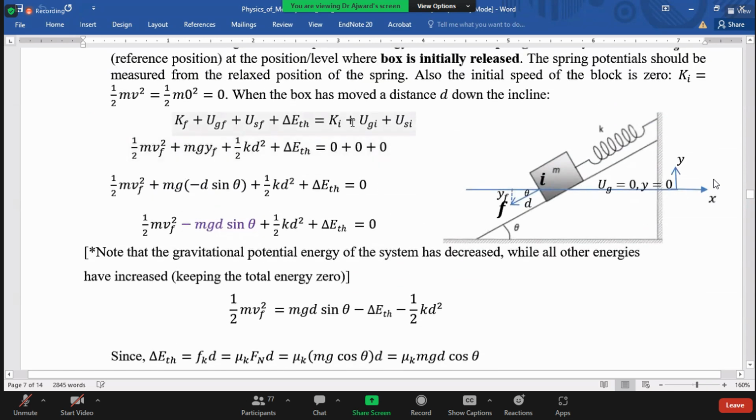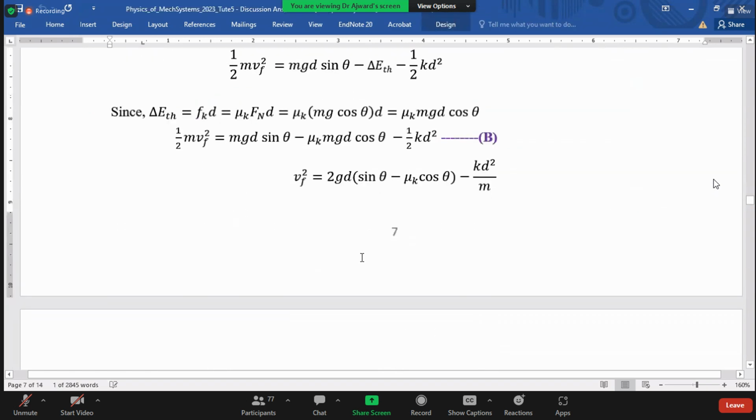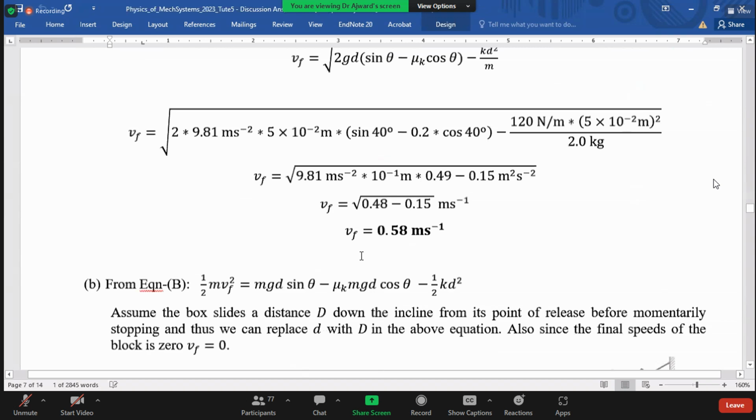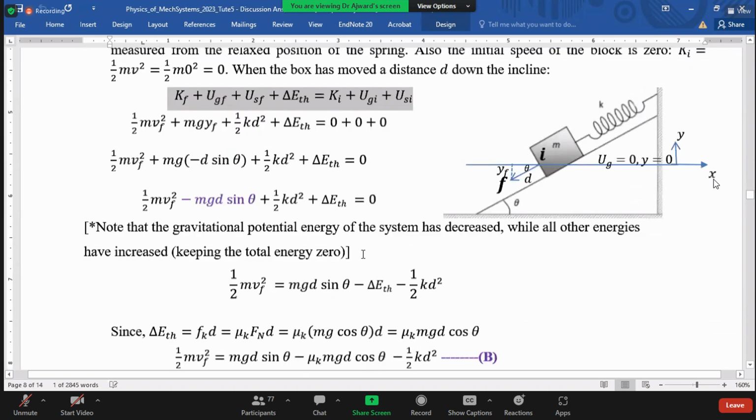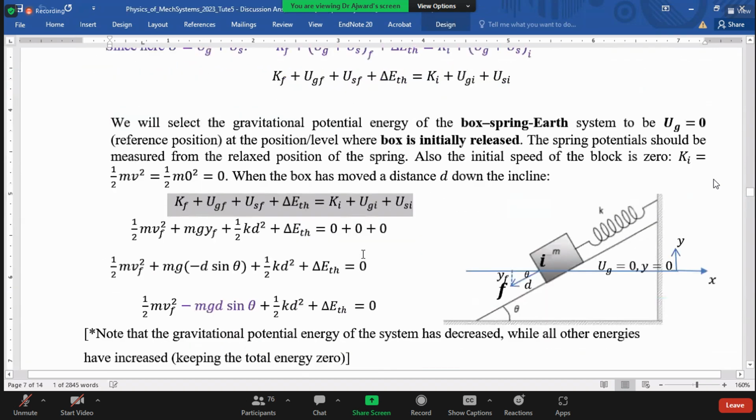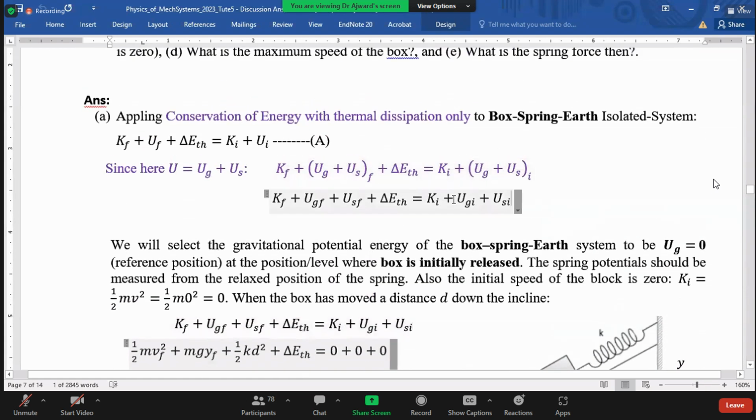It is similar concept, but your question is a bit different, but the concepts are similar. We use again the conservation of energy, right? Here also the potential splits into two, the gravitational potential and the spring potential. I think everyone understands it, right?